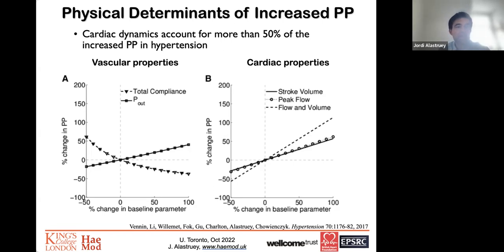We found that left ventricular dynamics accounted for more than 50% of the increase in pulse pressure in hypertension. So cardiac dynamics seem to be more important than vascular properties when it comes to increasing pulse pressure. This is important because current antihypertensive drugs focus on altering vascular properties, but our study suggests that cardiac properties should also be involved in the treatment strategy.